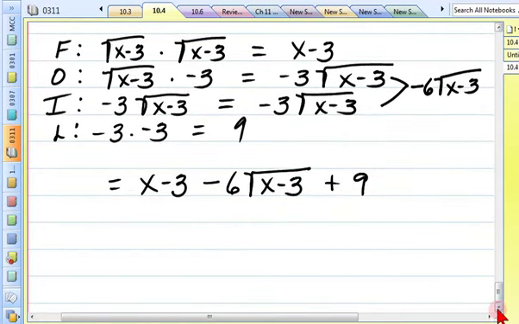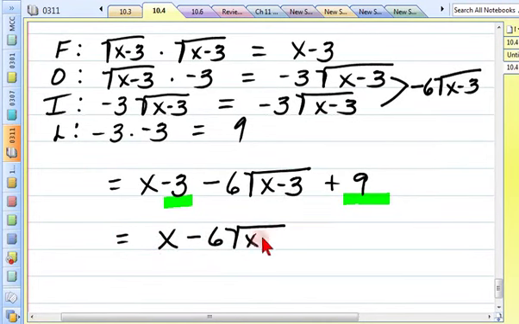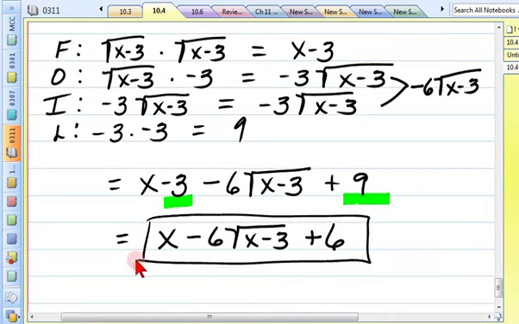Can I do anything else to simplify that a little bit more? You got those two rational terms? So, doesn't really matter about the order. I'm going to put x, then I'm going to put minus 6 square root of x minus 3, and then plus, I have a negative 3 and a positive 9 for 6. And those are not like terms anymore, so I'm done. A lot of steps.